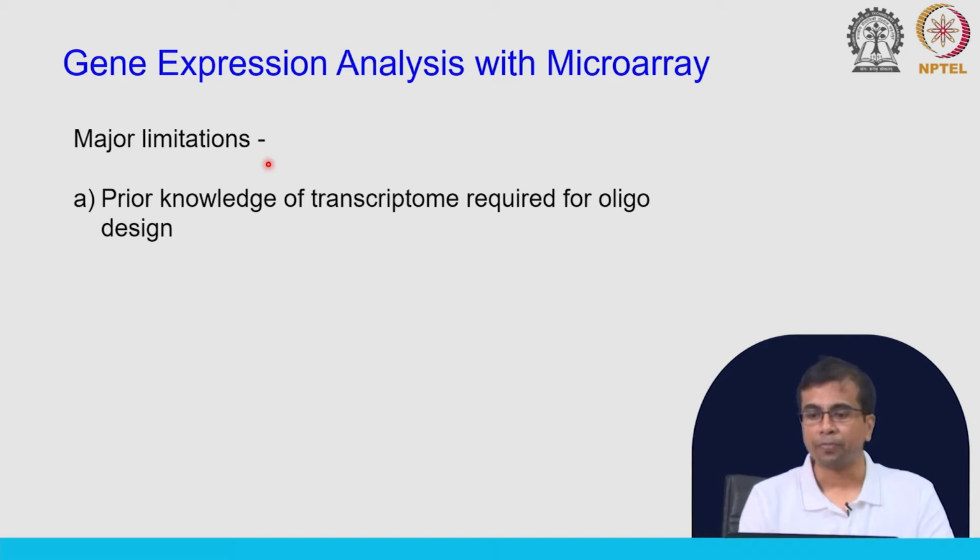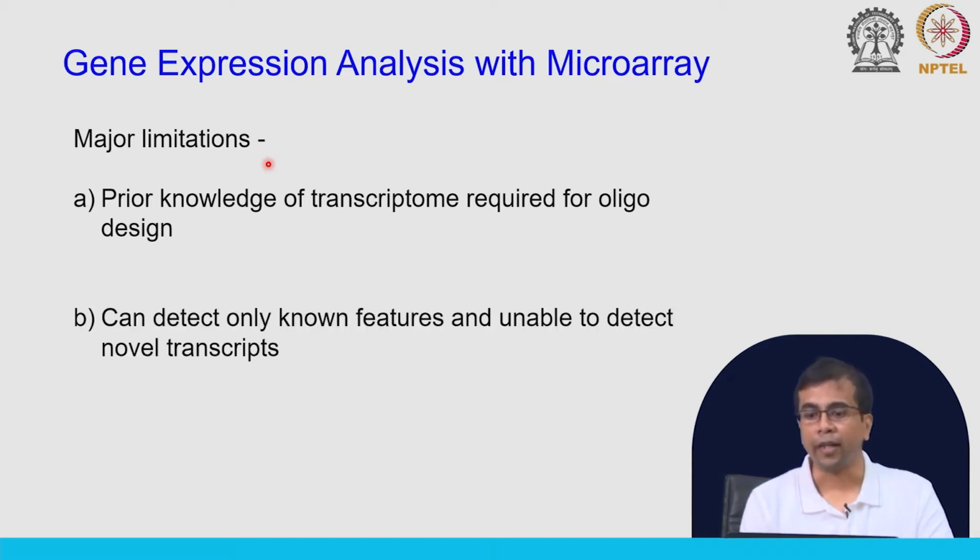The second major point is that you can detect only known features and you cannot detect any novel transcript. For example, if there is a novel transcript or a splice variant that is expressed in the disease sample, but we did not know about it, we did not design any oligo to be printed on that chip.